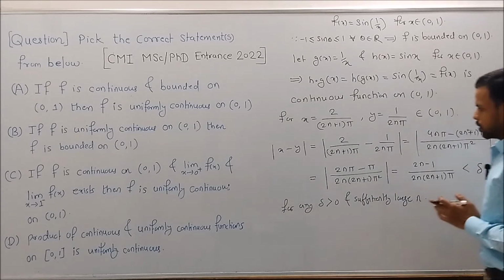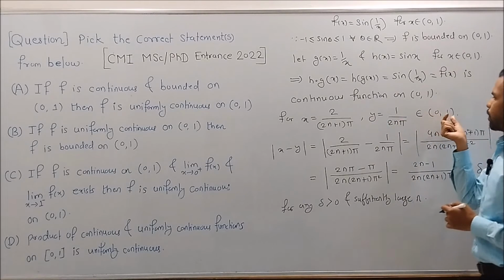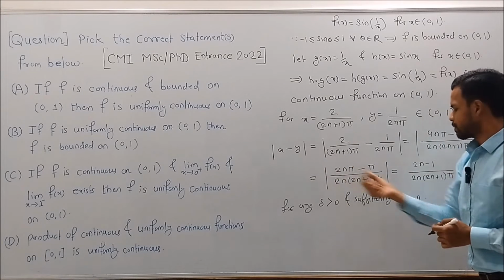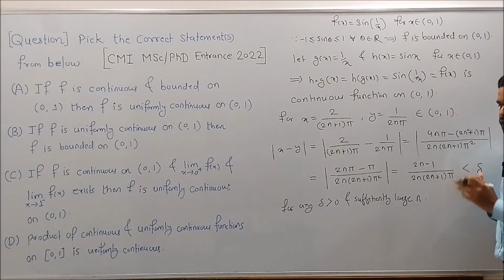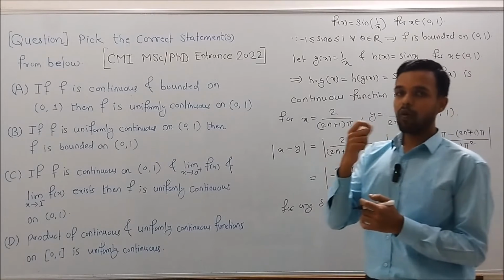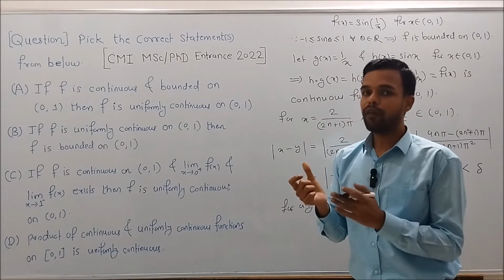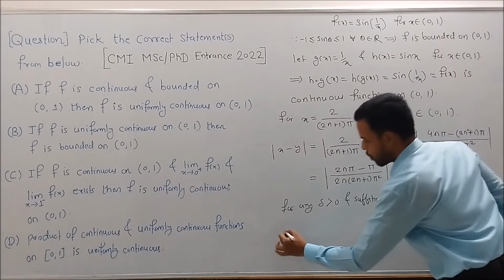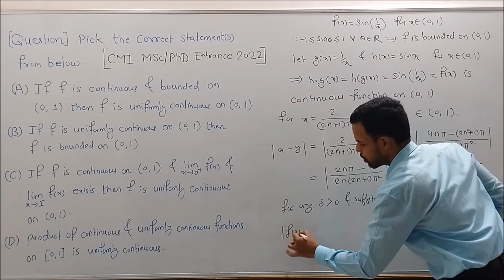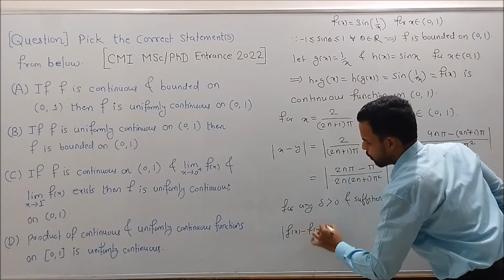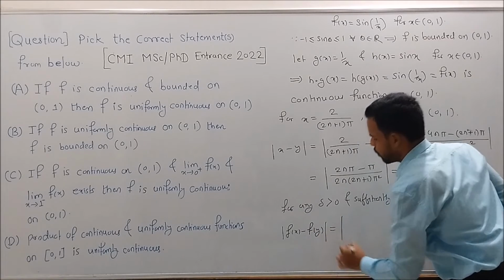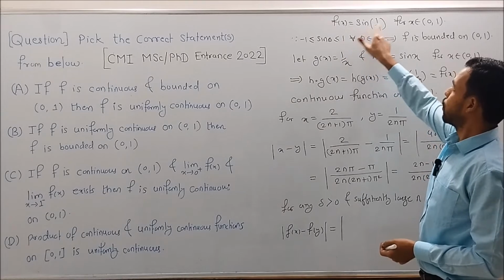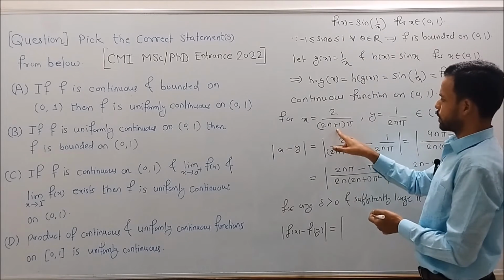So we have, for x, y belonging to the open interval (0,1), mod of x minus y less than delta. Now we need to verify whether mod of f(x) minus f(y) is less than epsilon or not. Consider mod of f(x) minus f(y). Here f is the function sine of 1 upon x, and x is this value.